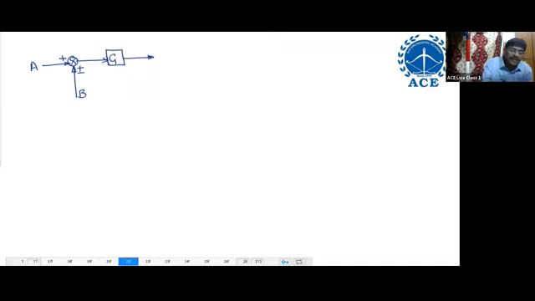Now shift this summing point after the block gain. Come on. So what you will get here? AG plus R minus BG. A into G plus R minus B into G. Addition, na?